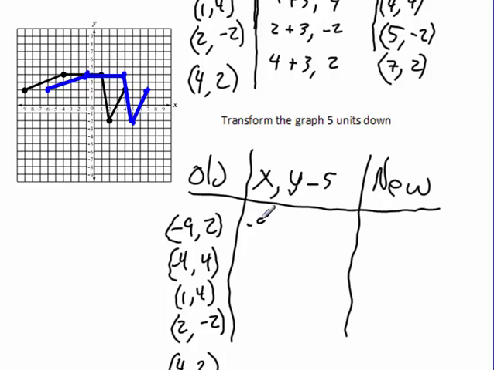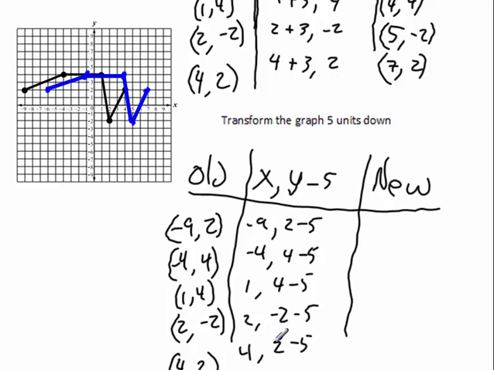So it's going to be negative 9, comma, 2 minus 5. Negative 4, comma, 4 minus 5. 1, comma, 4 minus 5. 2, comma, negative 2 minus 5. And 4, comma, 2 minus 5.